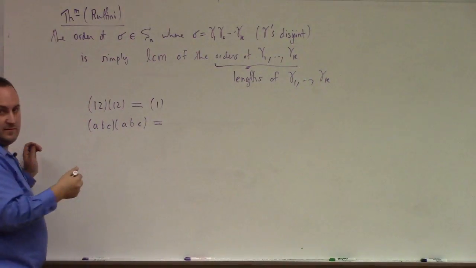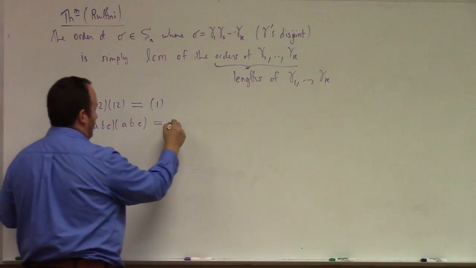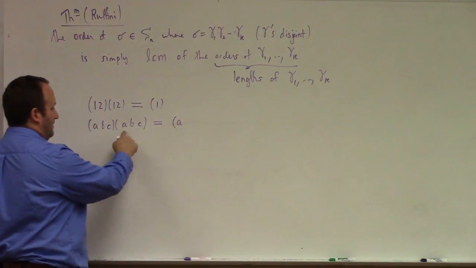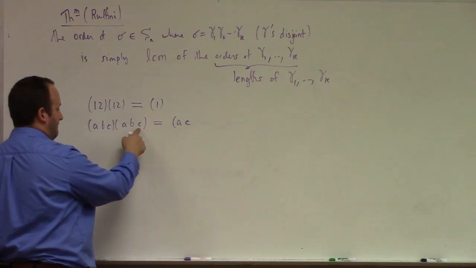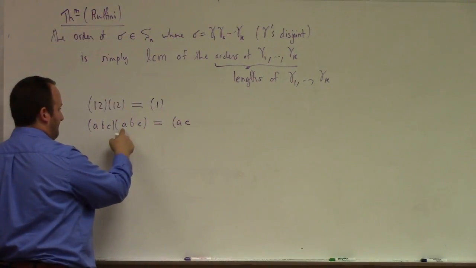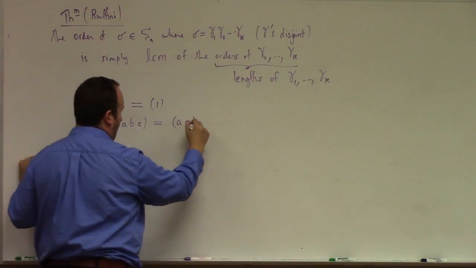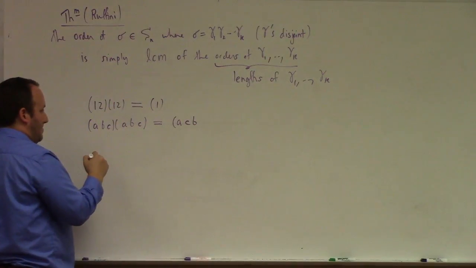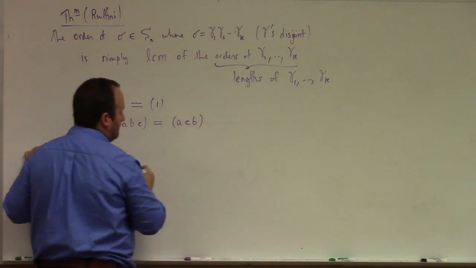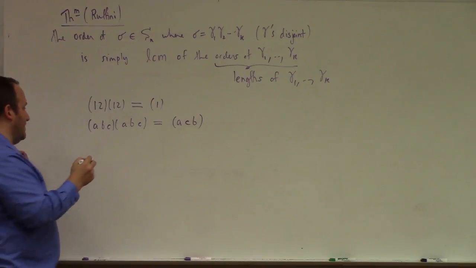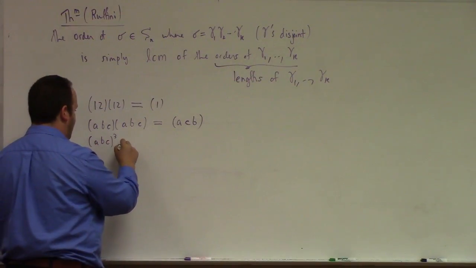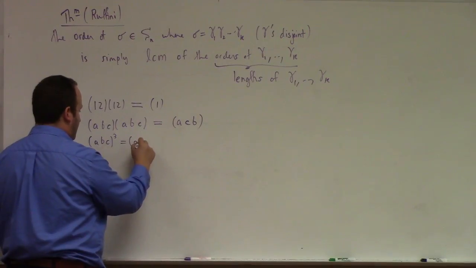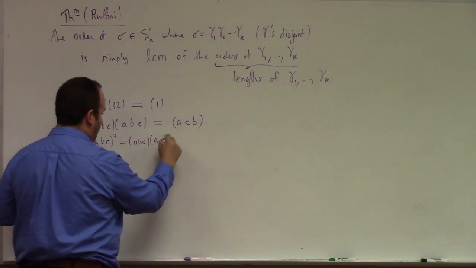What happens here? We'll start with A. I guess that's it. Now what happens if we take (A B C) cubed? So that's (A B C) times (A C B).